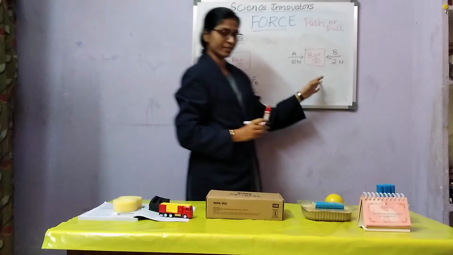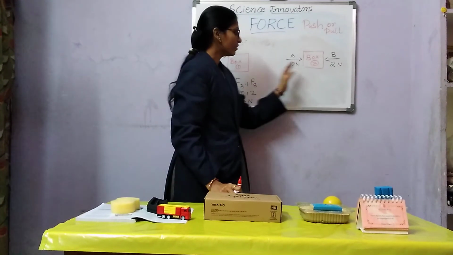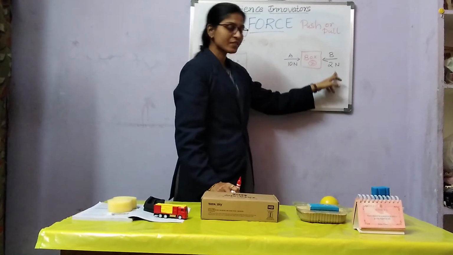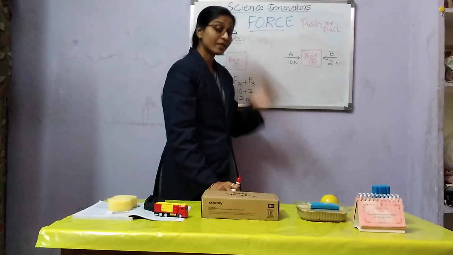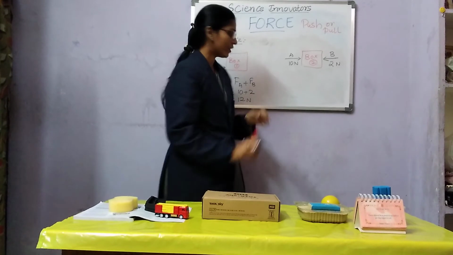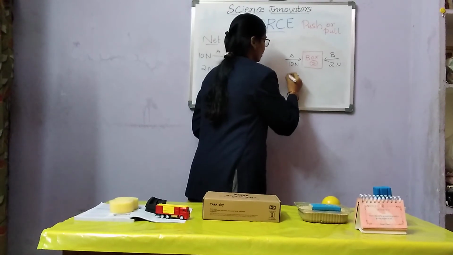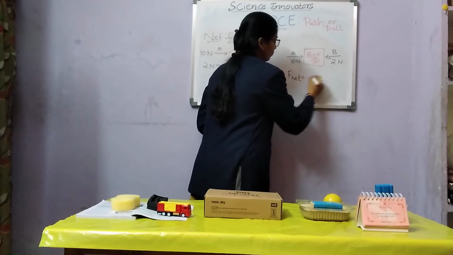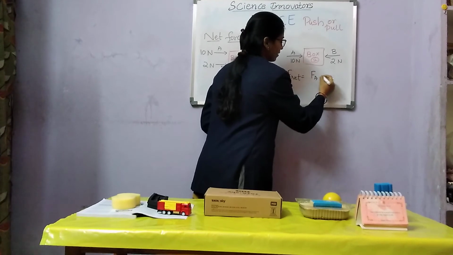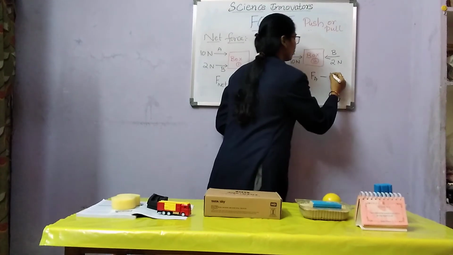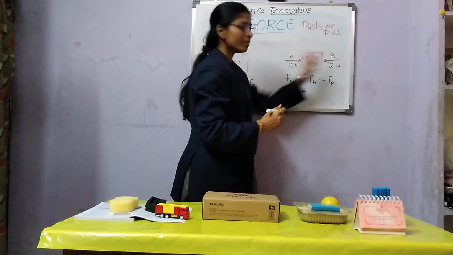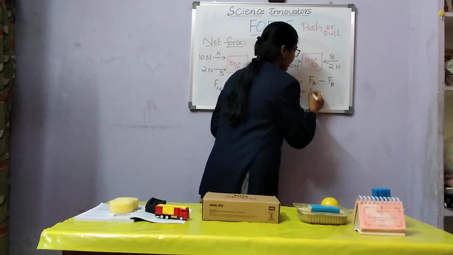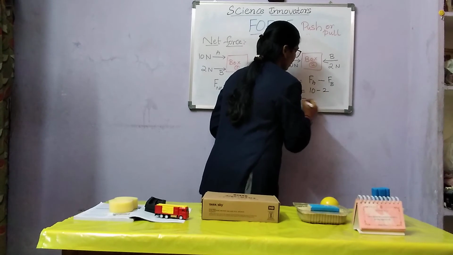But in the second example, A and B apply force in opposite directions. So we subtract the force applied by B from the force applied by A, because they are in opposite directions. 10 newtons minus 2 newtons, so the total force felt by the box is 8 newtons.